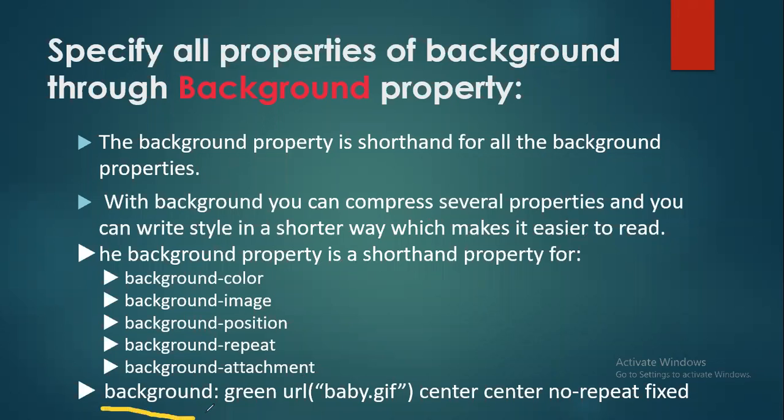First of all, you will write background, then colon, then the value for background color, then the value for background image, then background position, then background repeat. After this, you will write the value for background attachment. This way you can define all these five properties in a single line.